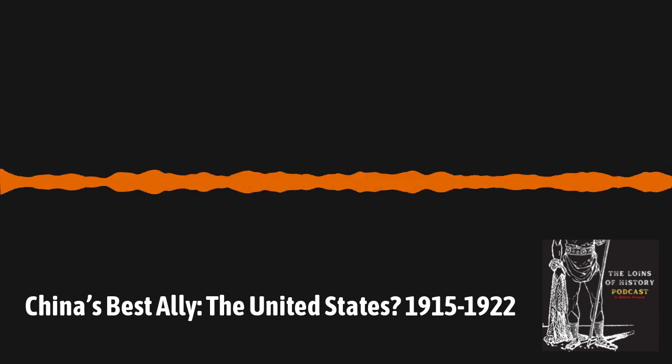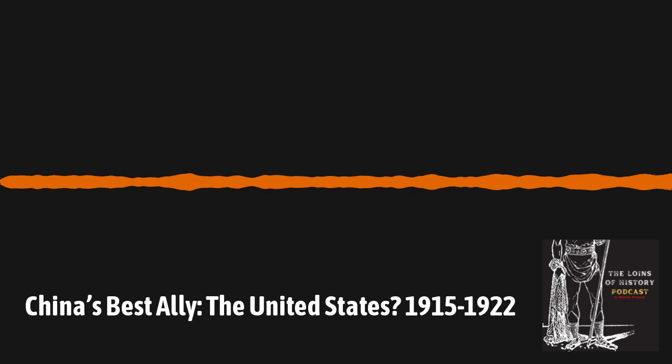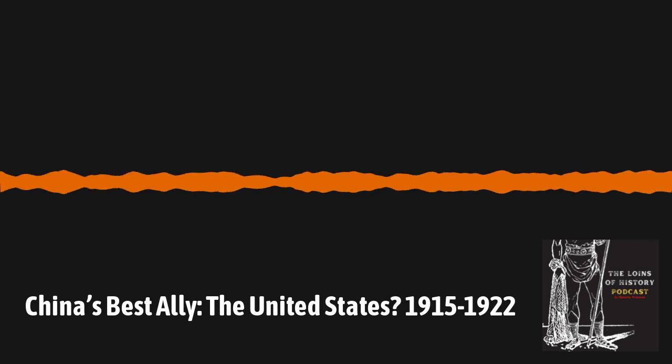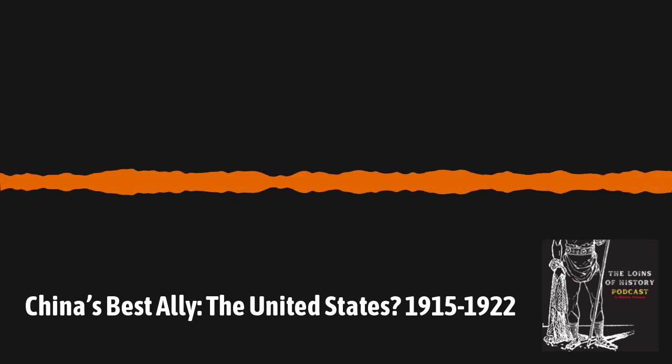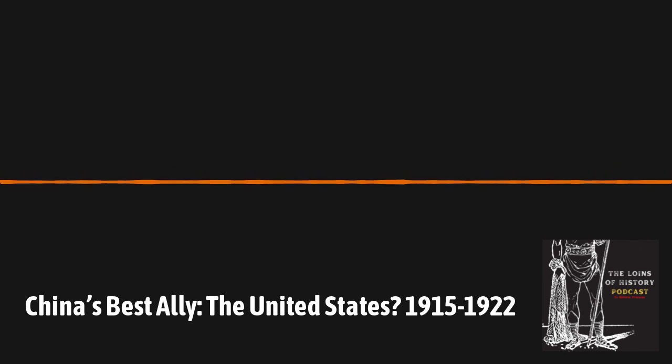Yeah. So again, thinking about today, President Biden has been adamant, and he's publicly said multiple times, that in the event of a military conflict, the United States will defend Taiwan.